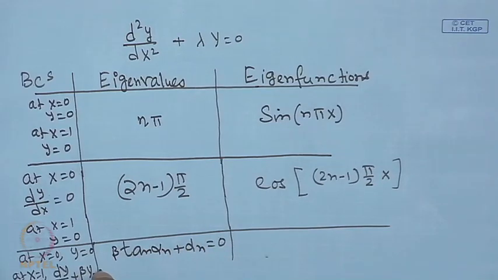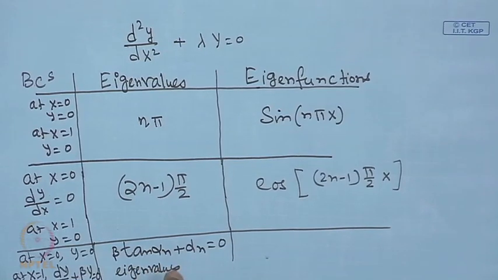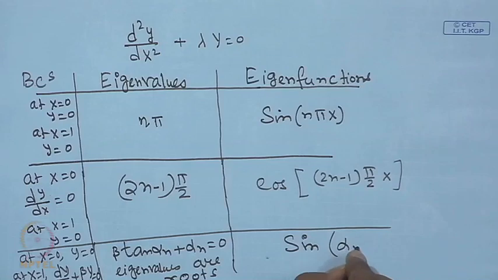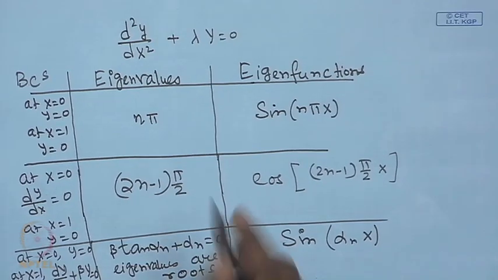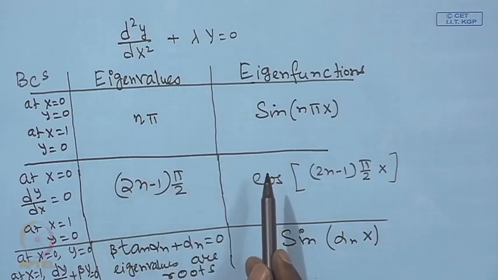The eigenvalues are roots, or zeros, of this equation, and the corresponding eigenfunctions are sin alpha n x. So, if we just change the boundary conditions, the eigenvalues and eigenfunctions change.